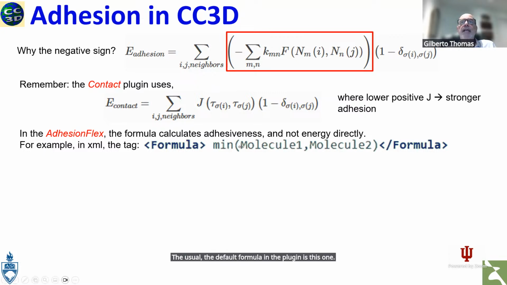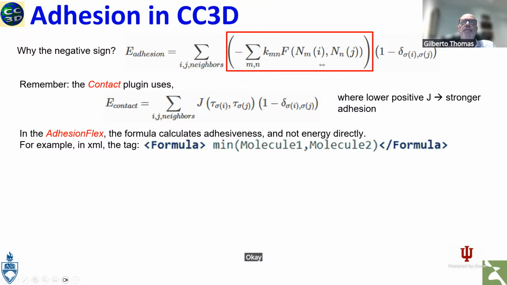CompuCell takes the minimum concentration between the two molecules to be used as the binding between the two cells.